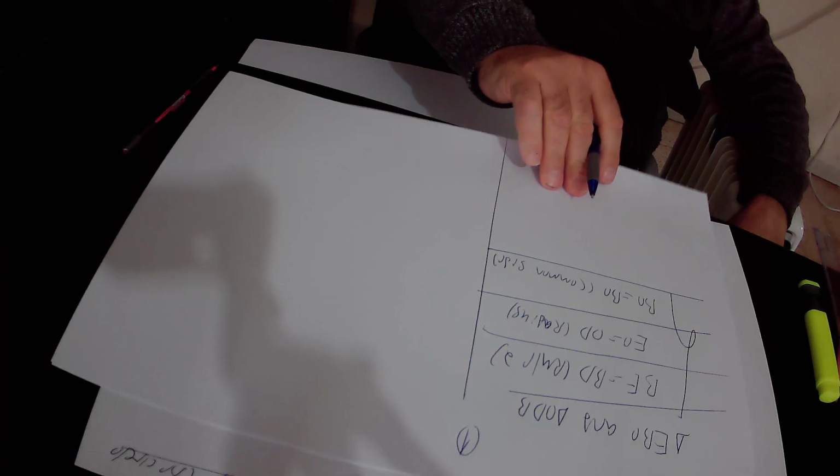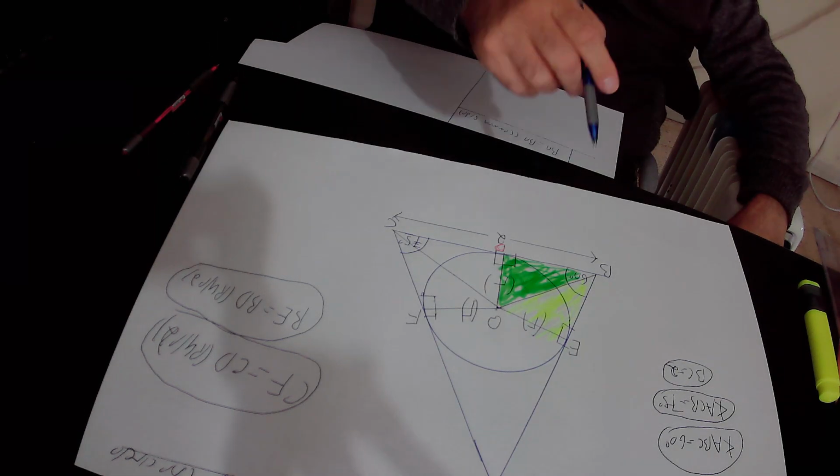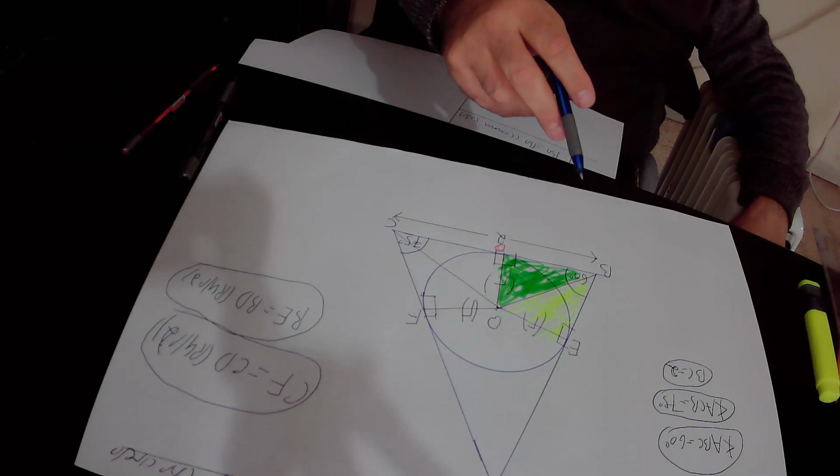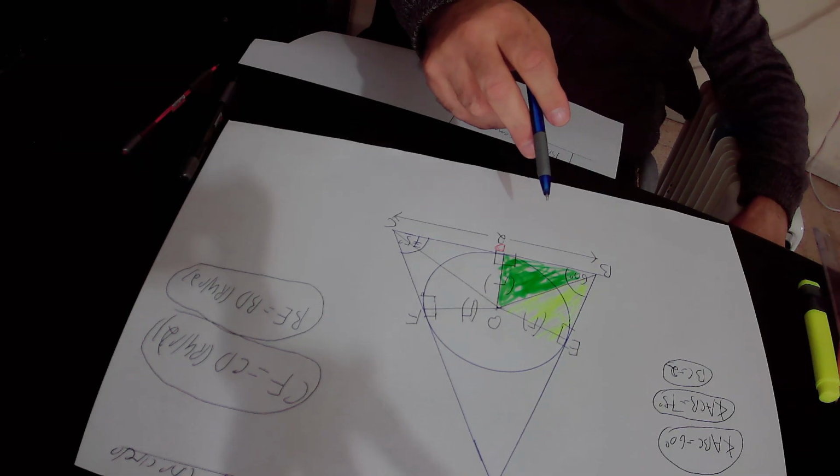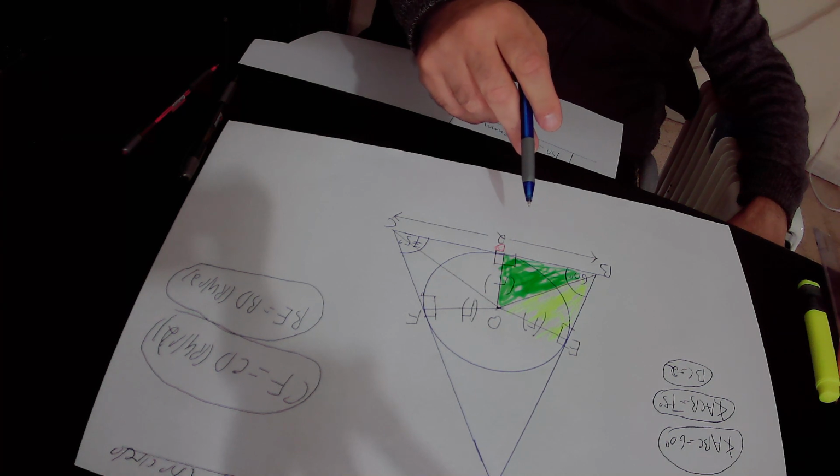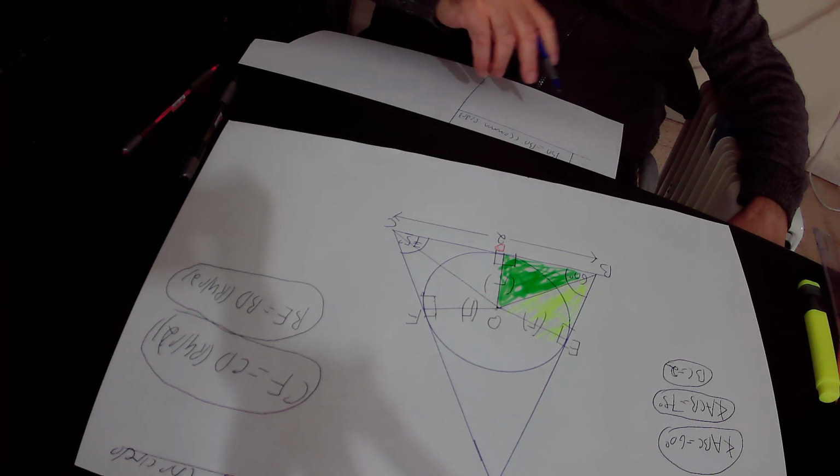So we actually proved that all three sides of the yellow triangle BEO are correspondingly equal to all three sides of the green right triangle BOD.